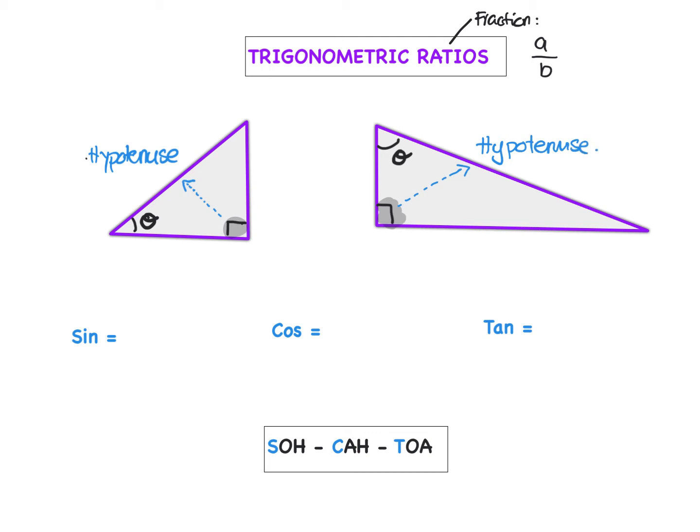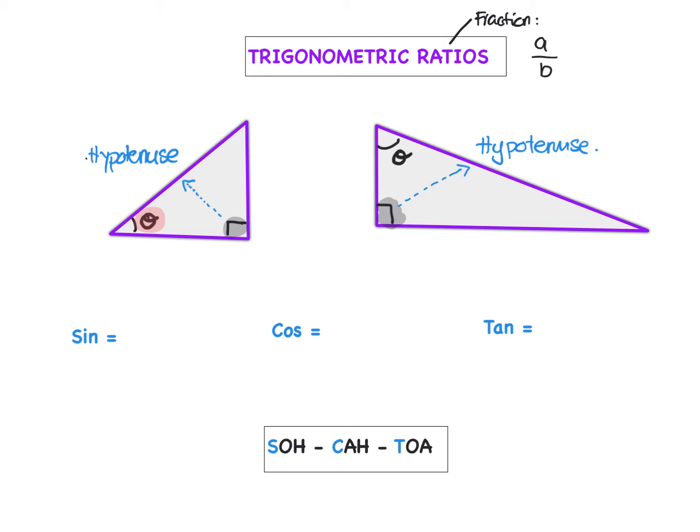Now we have to label the other sides. These rules refer to the other sides, and they are labelled according to which angle they want you to talk about. See here, they've labelled that with that little symbol, called theta, which is just a symbol they like to put when indicating an angle in triangles.